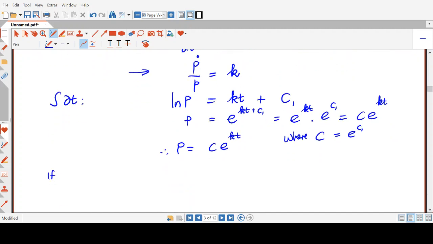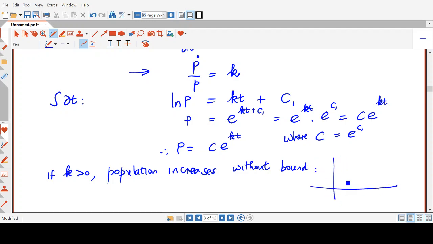So you can see from this model, if k is more than 0, the population increases without bound. In other words, you'll have a situation like this.